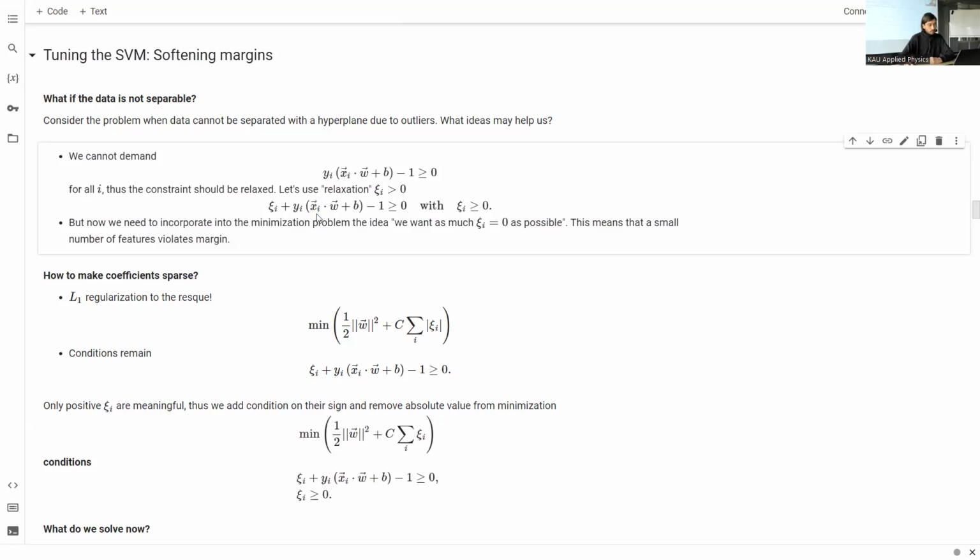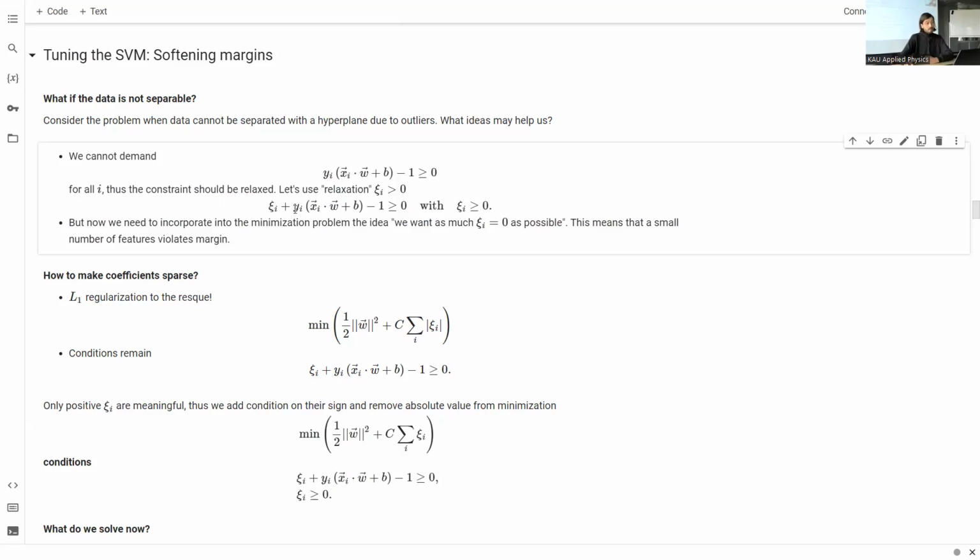So this x_i times w, this was my projection on the perpendicular. This is b, how far my line is from the origin. And now I'm adding this thing to make this part more positive. So I'm allowing that to travel some more distance, and even cross my line.